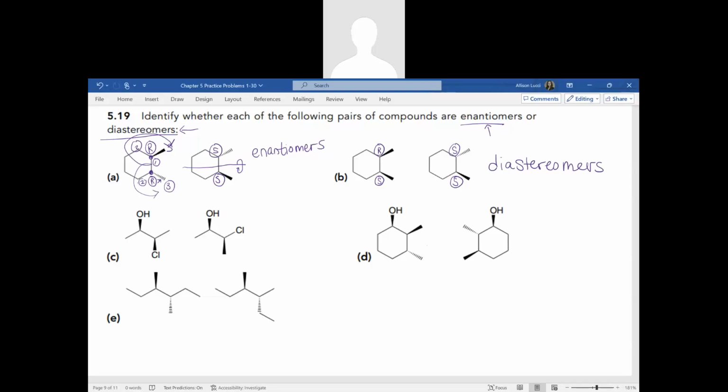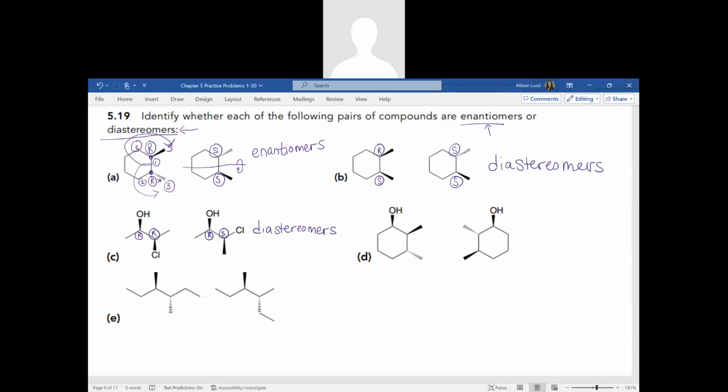All right, so let's take a look at C. And again, we would determine configuration of our compound. So here we see R, here we see R as well. Then we have over here, we have R configuration on this carbon and S here. So once again, these would be diastereomers.